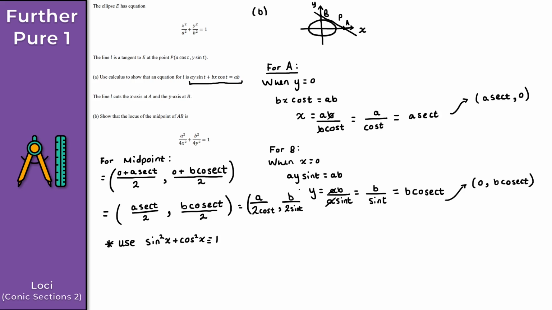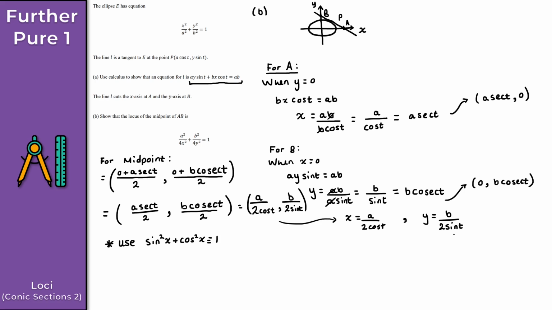So I can rearrange this to make cos t the subject, and I can do the same with the y coordinate. What I've got at this point is x equals a over 2 cos t. I've also got y equals b over 2 sine t.